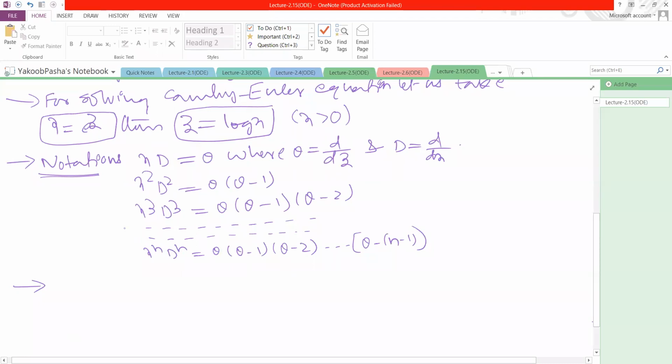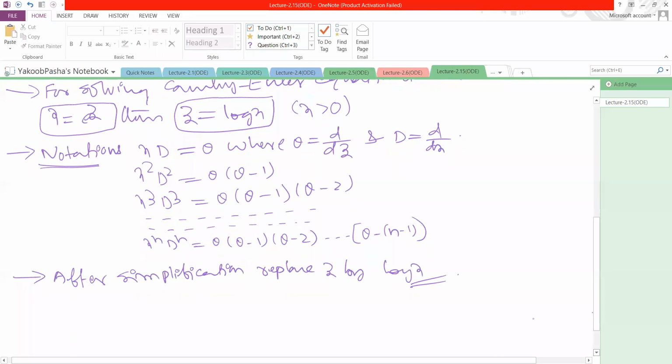In this case, we can solve by the previous methods. After simplification, replace z by log x. In place of z, we should write log x. This is the Cauchy-Euler equation.